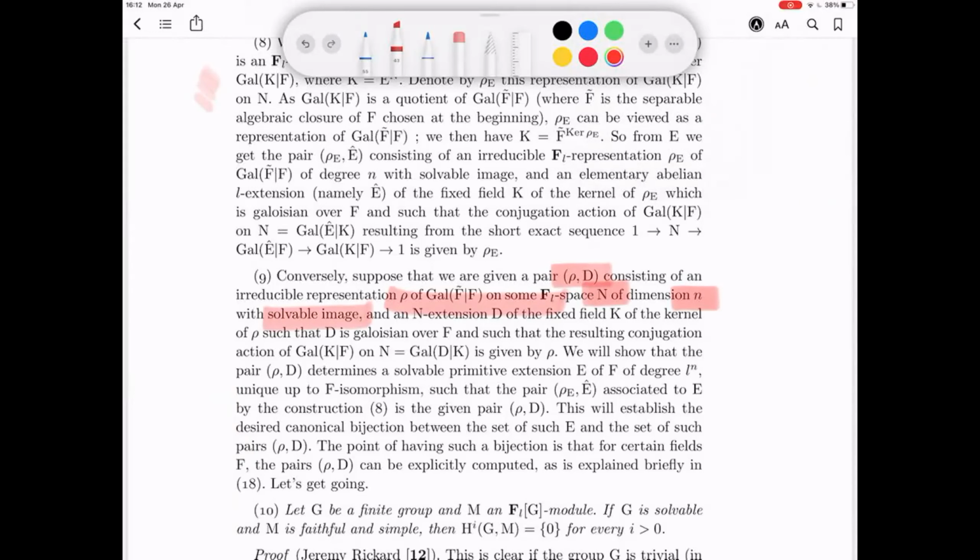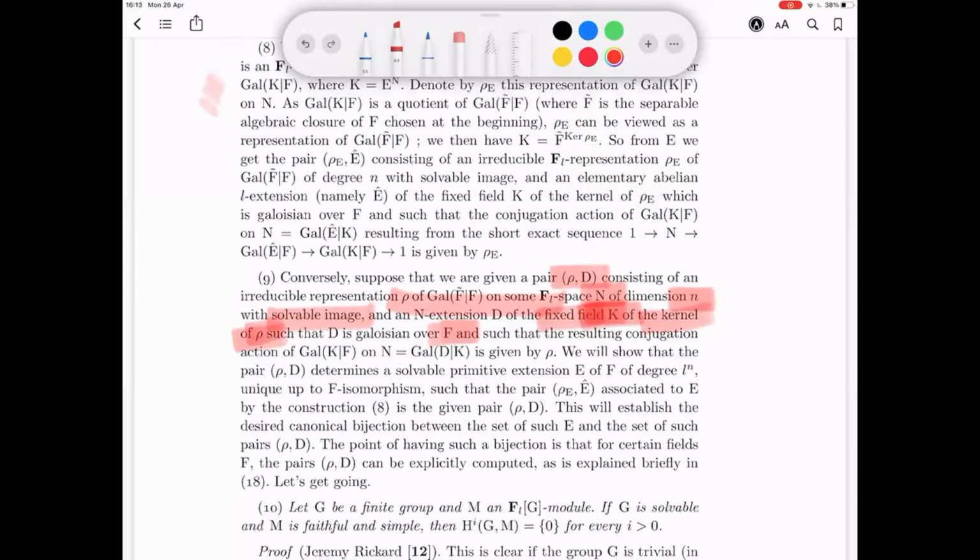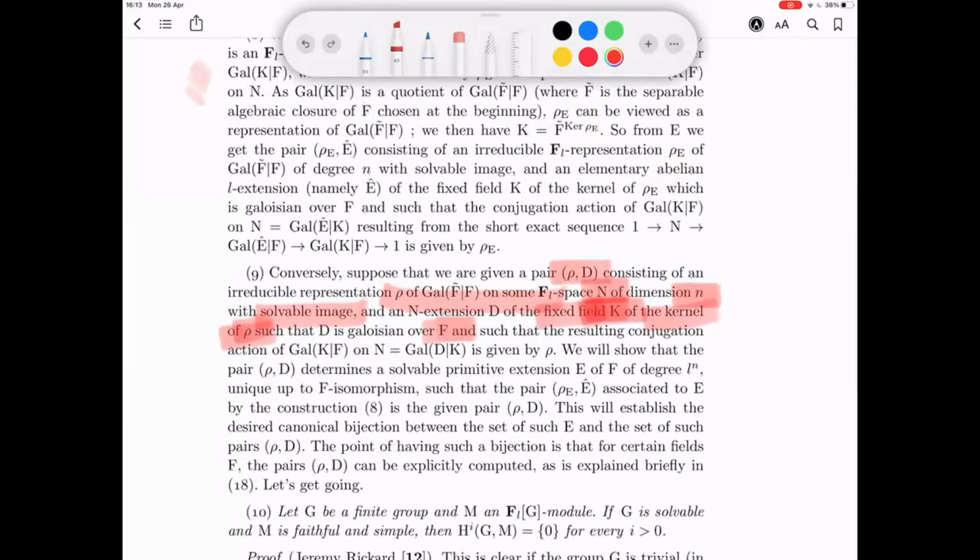And then once you have this rho, you get the field K, which is the fixed field of the kernel of rho. This K, of course, is an extension of F. And the second component, D, is an extension of this K, which has to have three properties.